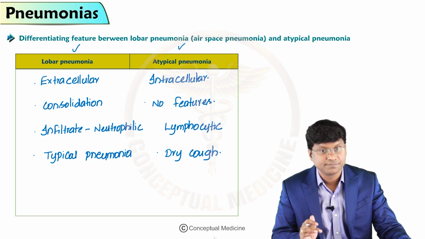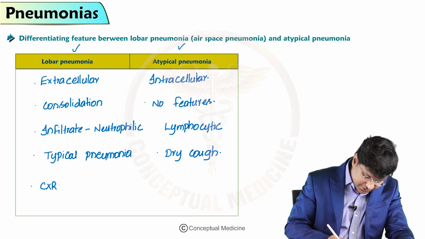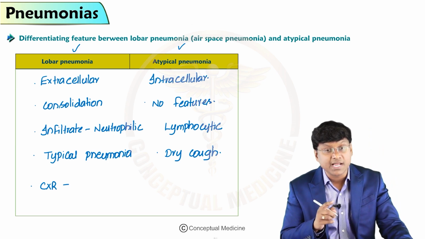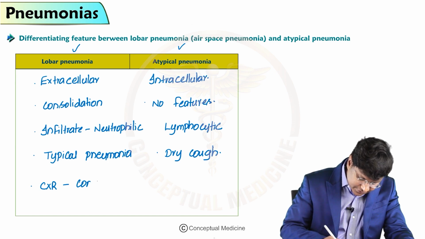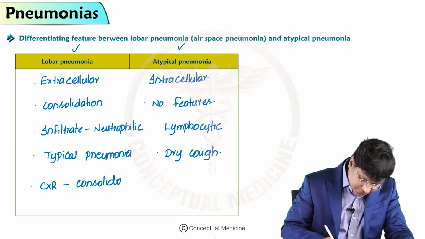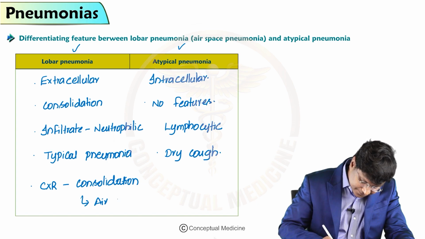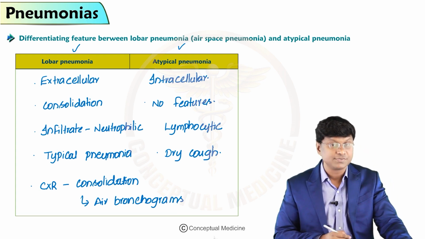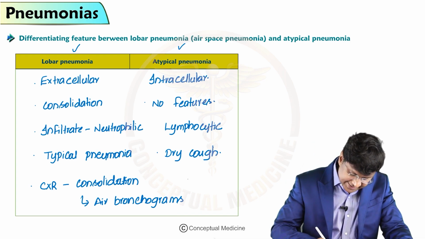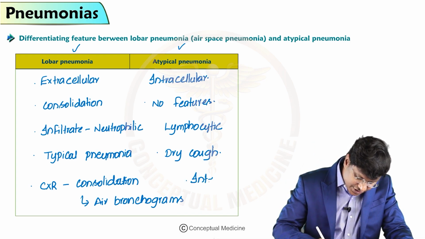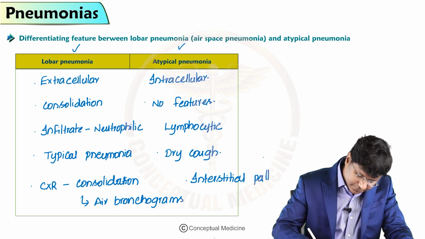The chest x-ray in lobar pneumonia shows large areas of consolidation with air bronchograms, whereas in atypical pneumonia the chest x-ray shows an interstitial pattern.